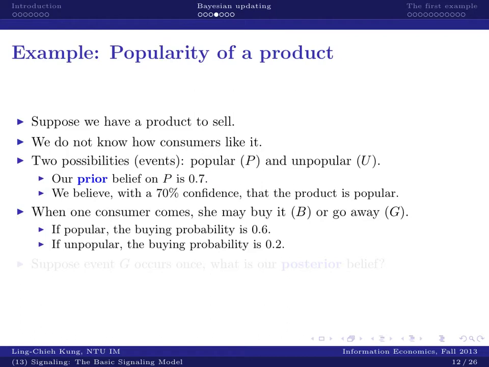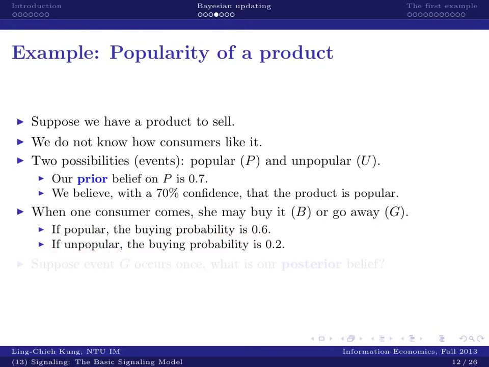So now it's time to do the experiments. I open my store, I put my products there, and then consumers come and leave. Suppose one consumer comes, then she may buy this product or go away, right? There are two possibilities. Suppose I know if the product is popular, then the buying probability is 60%.